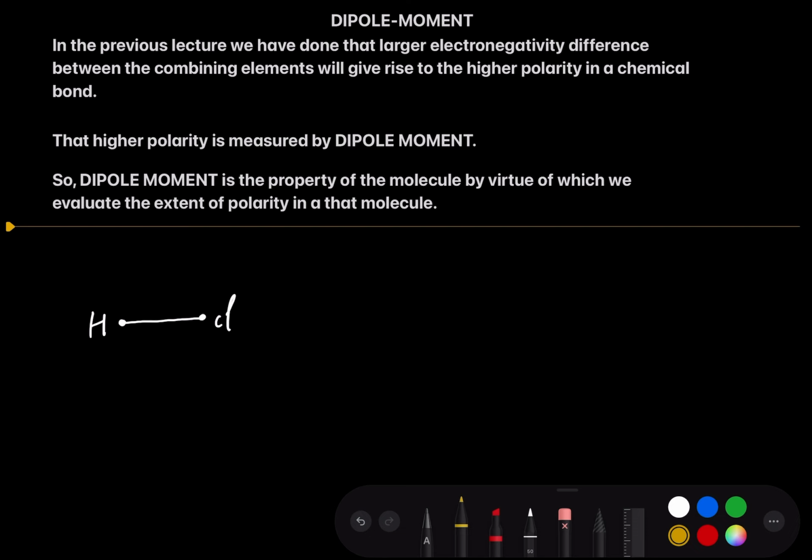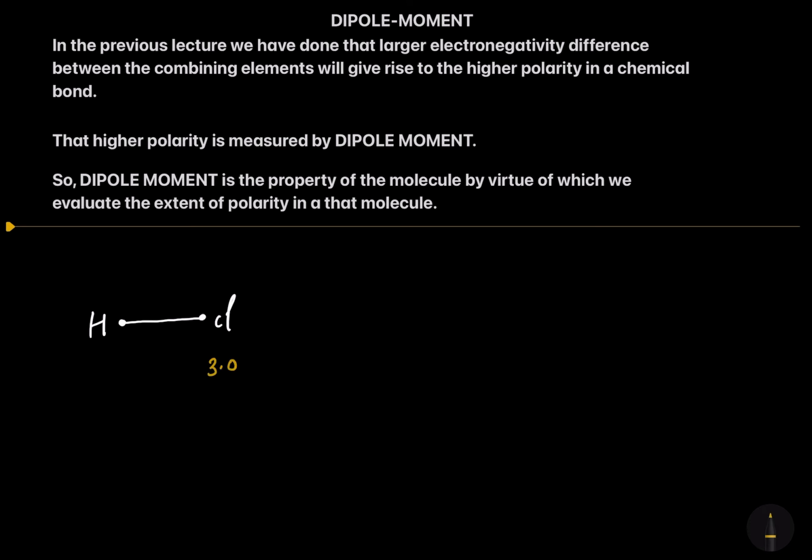The value of electronegativity of chlorine is 3.0 and that of hydrogen is 2.1. So, in this case, electronegativity difference comes out to be 3.0 minus 2.1. It comes out to be 0.9.